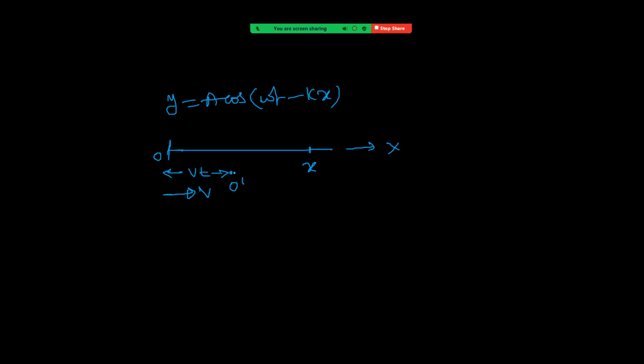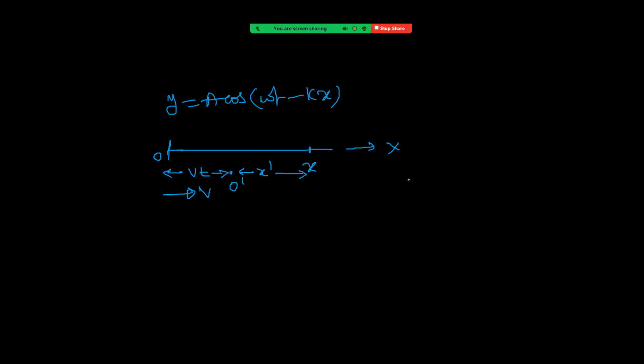With respect to this origin O dash, for the same point, the position coordinate is x dash. I am repeating, we are giving one position coordinate with respect to O dash, that is x dash. And this origin has traveled a distance v into t in time t, right?